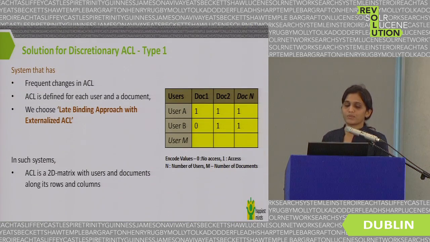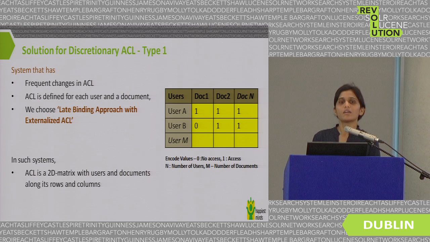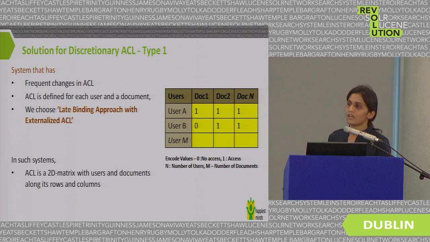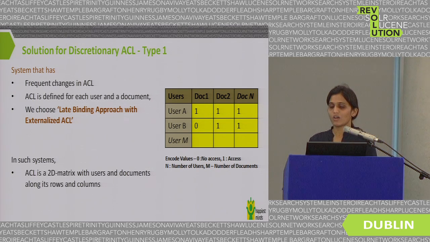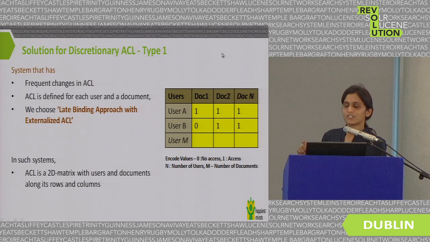Now we'll see solution type 1 for this. This is for systems that have frequent changes in the access control list, which means a document owner who sets the permission today might change it again at any time. For such systems, we have to maintain a list of users for each document.